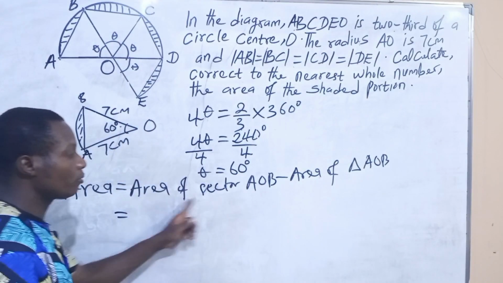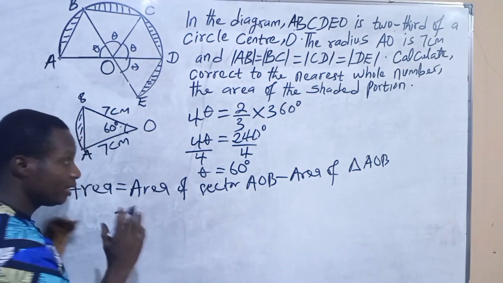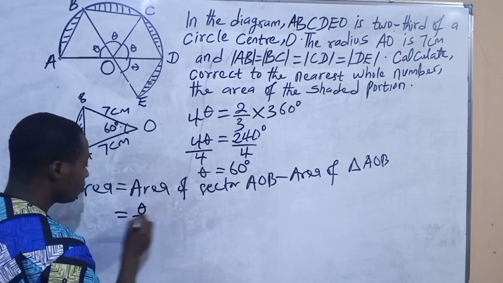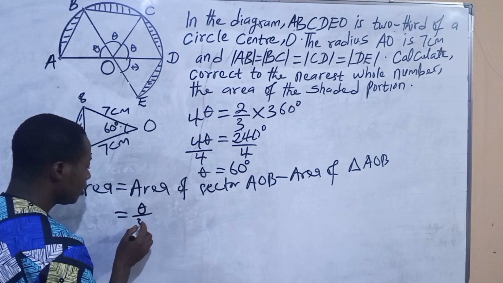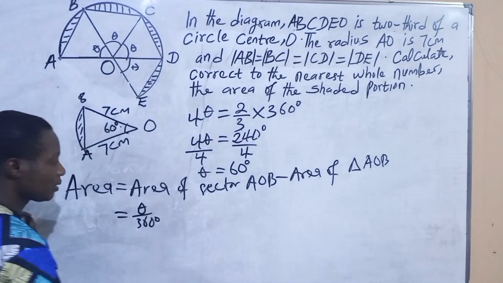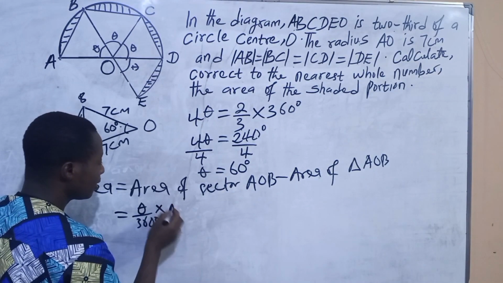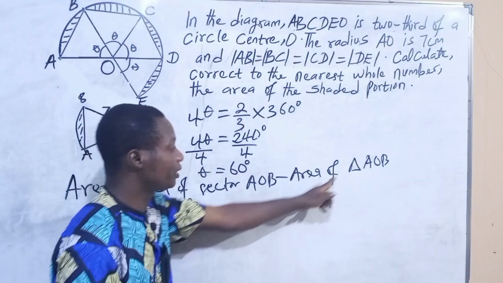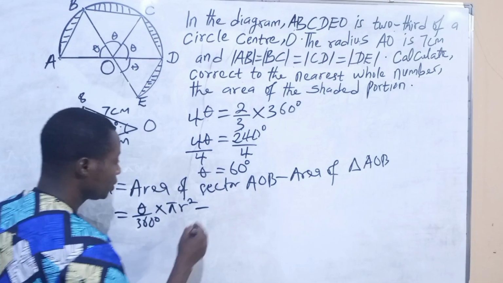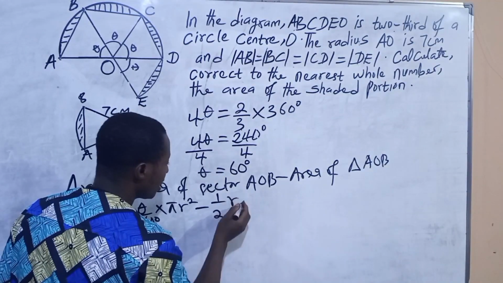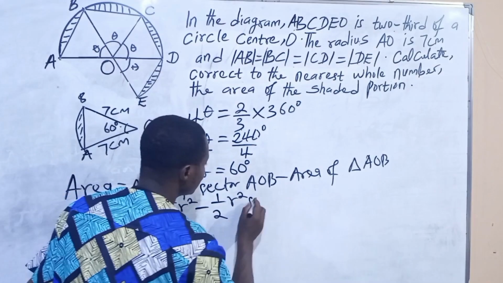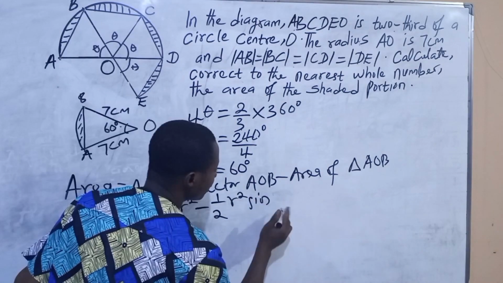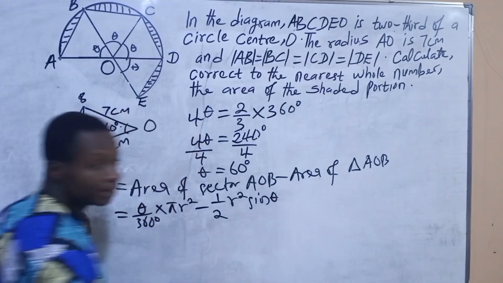Now, what is the area of sector AOB? The area of a sector is theta over 360 degrees times pi r squared, minus the area of triangle AOB, which is half r squared sine theta.